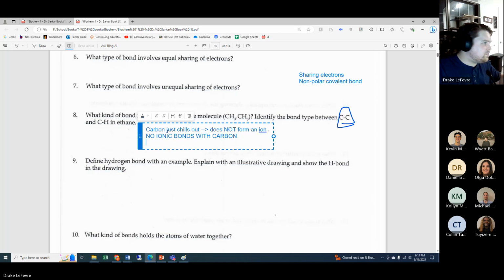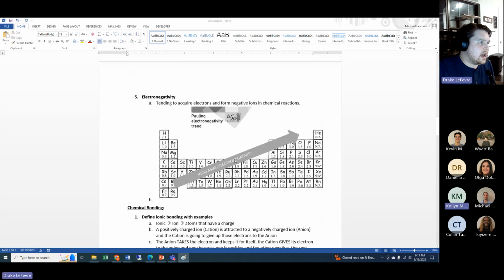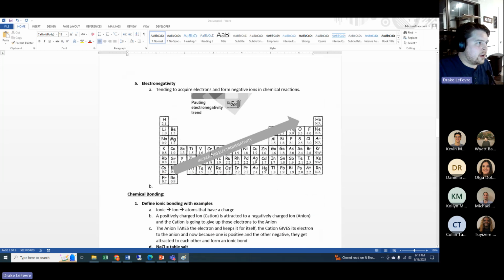So if we have a carbon and a hydrogen bound together, looking at our electronegativity chart right here, hydrogen is a 2.1, carbon is hidden right there, but it's a 2.5. So is this going to be polar or non-polar?